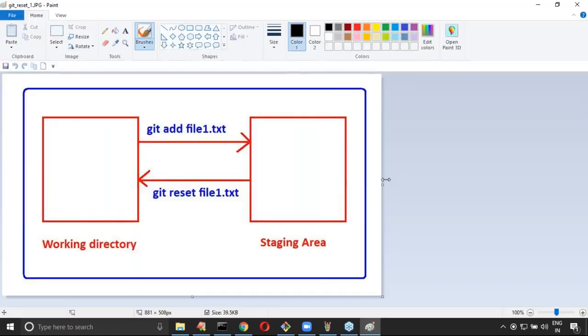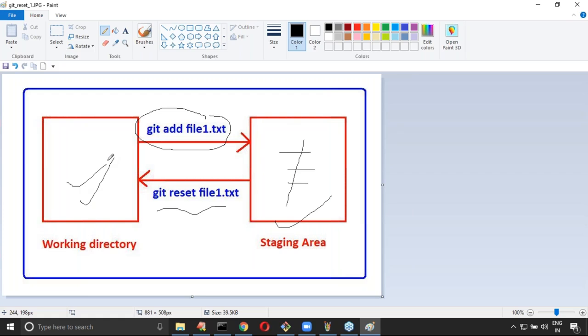Have a look: this is the working directory. If we use git add, the changes come to the staging area. If I use git reset, whatever changes we added here will be reverted back to the working directory. Reset is the opposite of the git add command. Any doubt?